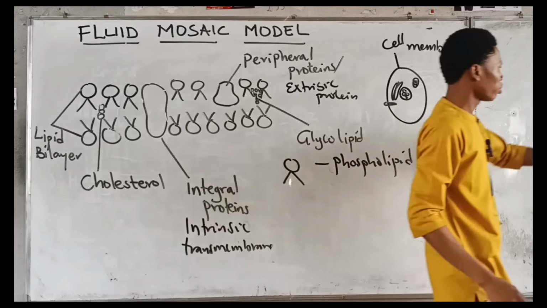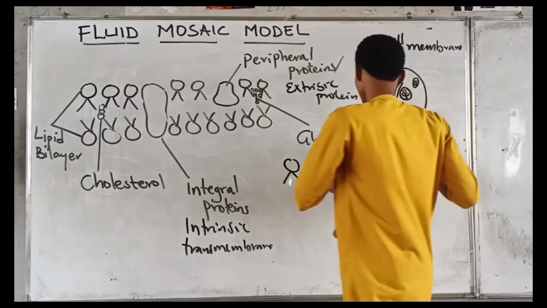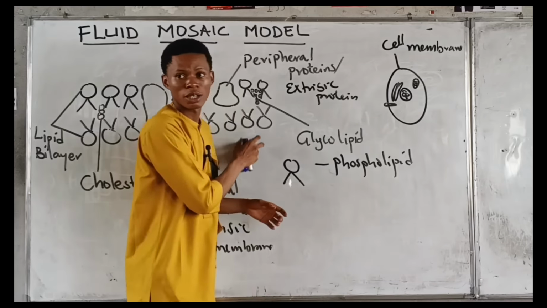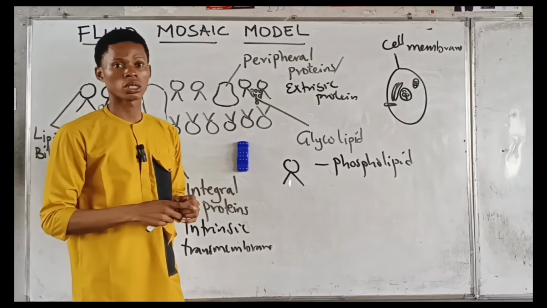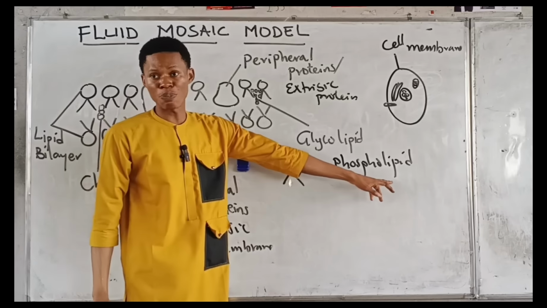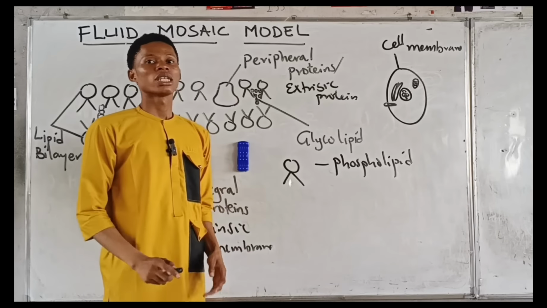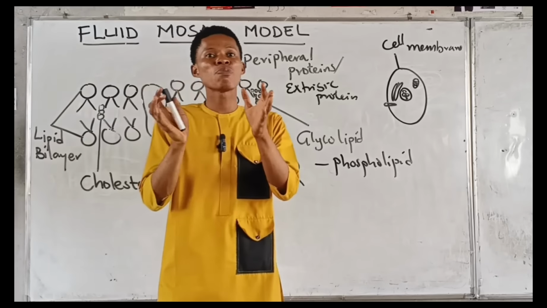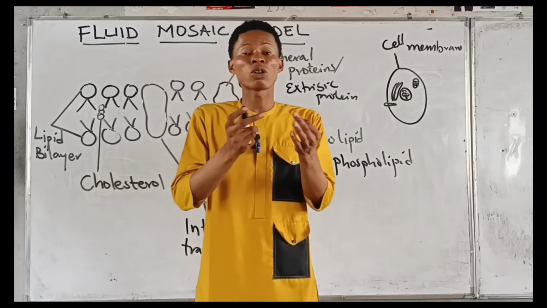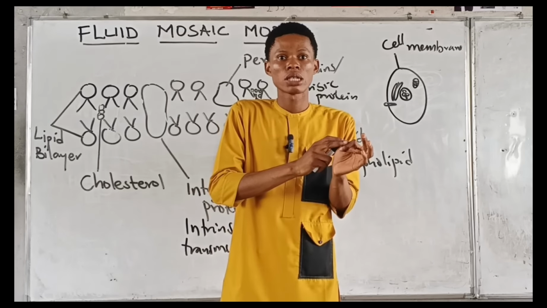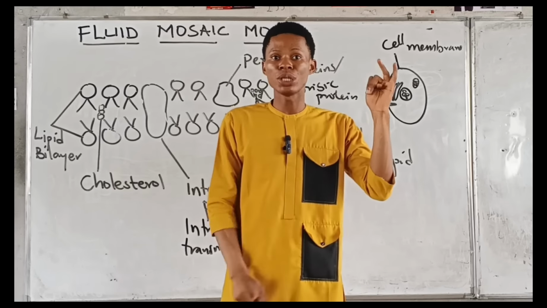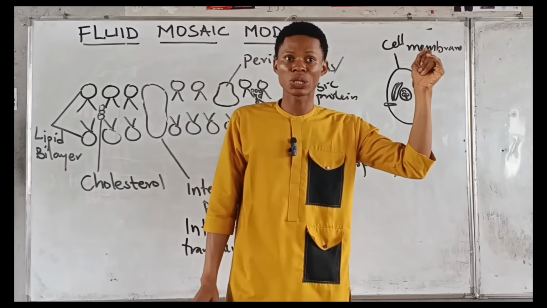All right, now the lipid found in the fluid mosaic model is what? Phospholipid, right? Now we have what we call simple lipids. We have compound or complex lipids, and we have derived lipids. Still have miscellaneous lipids.